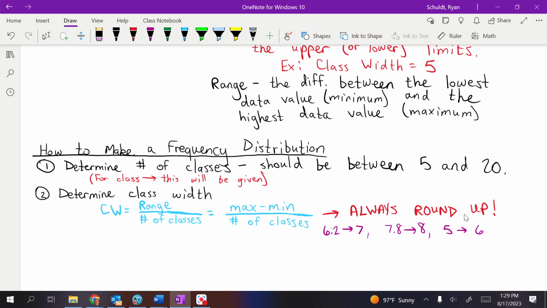So by always rounding up to the next whole number, even if it already is a whole number, you're guaranteeing that when you get to your maximum, that maximum has a bucket to go into. You're not going to be like, uh-oh, I ran out of buckets. Sorry, maximum, you just sit out. You don't get a bucket. So always round up.